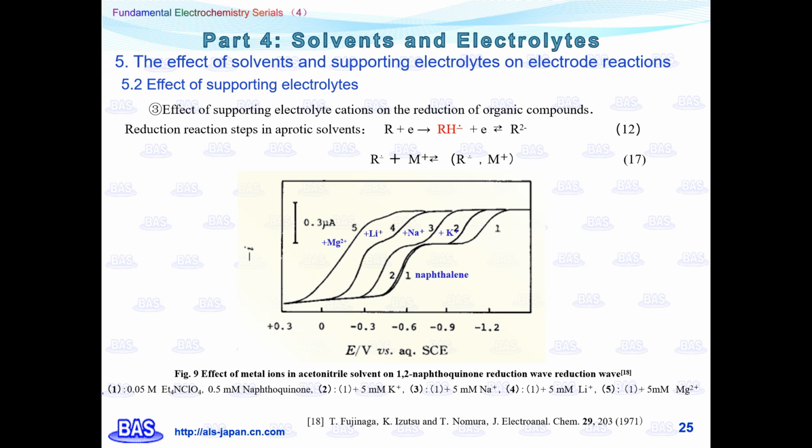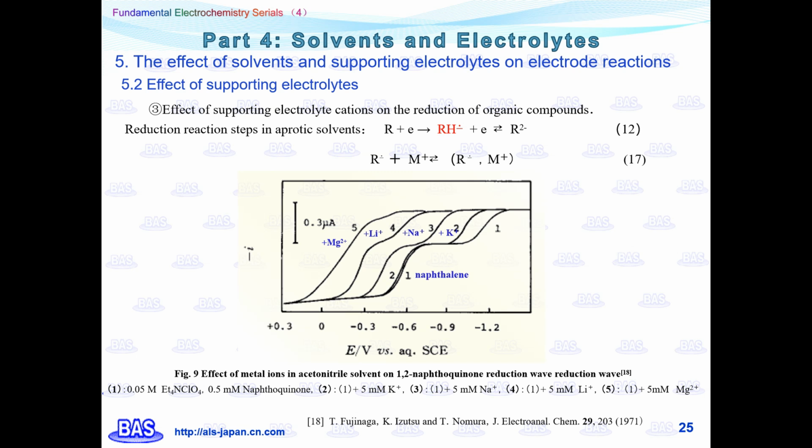Here, in an aprotic solvent, the anion radical of the first step reduction product of organic compounds easily forms ion pairs with various metal ions, so that metal salts can be used as supporting electrolyte, or metal ions can be added to the tetraalkylammonium salt solution during the measurement of the polarogram as shown in Figure 9, where the first reduction wave shifted to a positive potential.